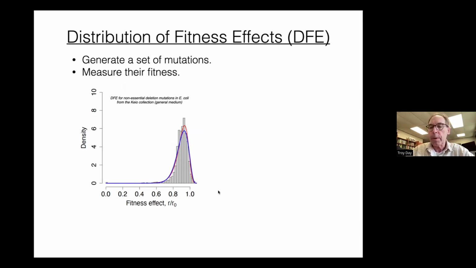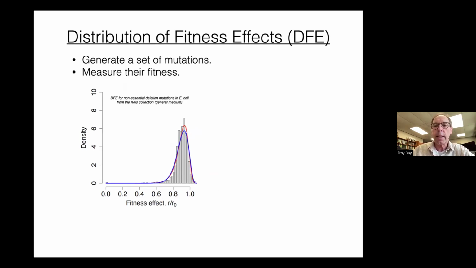And the question people are interested in is, why does that distribution take that shape? Can we predict why it has this form? Because that's important to know evolutionarily, because the influx of mutations determines a lot of important things in evolutionary biology. And so can we build a model to understand that shape?